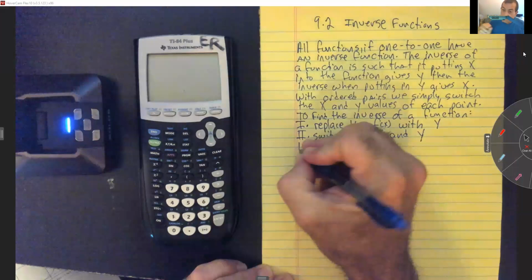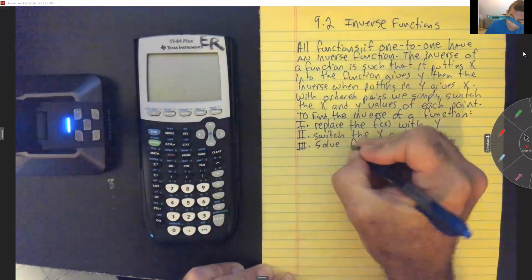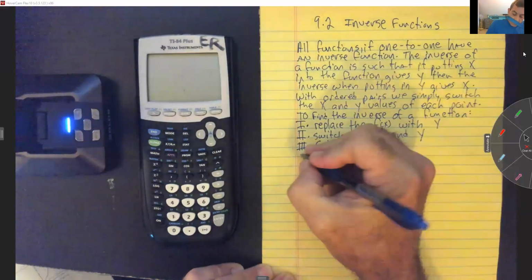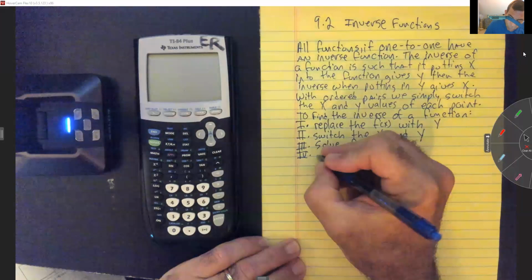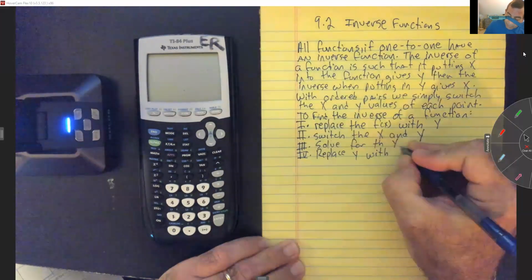We then solve for the new y. All right, so we go through, we solve it for the y, and then our last step is we're going to replace y with f inverse of x.